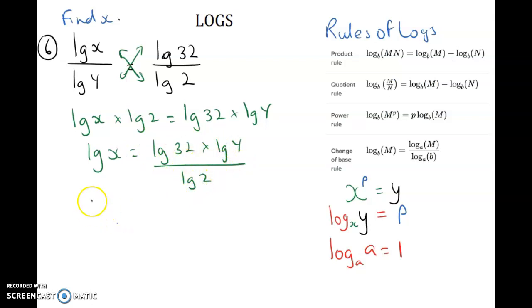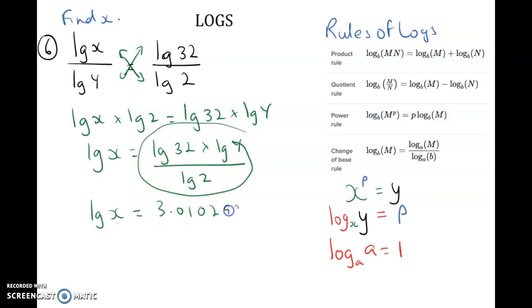Now punching all of this into the calculator, I'll get 3.010299, etc. So this means it's base 10. So 10 raised to this power here, if you put that in, will give me x. And that works out to be almost around 1024. So that is my answer for x. So that's the solution for number 6.